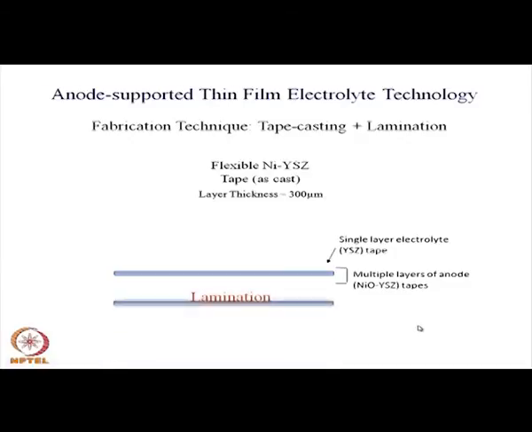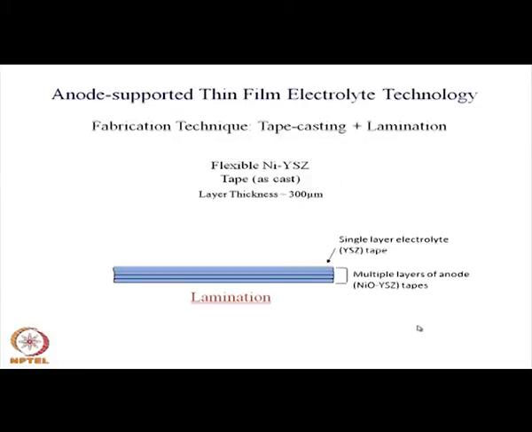Well, this is another thing, in fact, how these cells are finally designed or fabricated. These are tape cast sheets. A large number of flexible tape cast sheets are compressed together. This is the anode material in the form of tape, and then only one tape of stabilized zirconia.